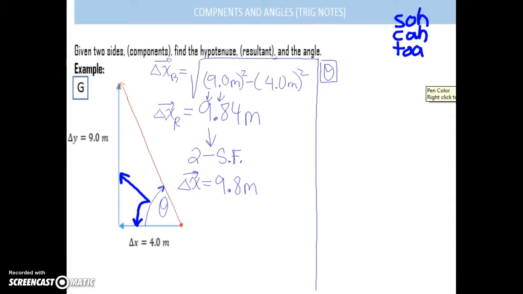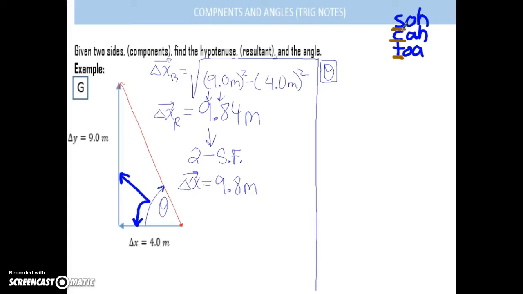We're looking for our angle, so we're looking for the tangent, the cosine, or the sine of that angle. That'll be part of our equation, and the theta will be the unknown. We're looking for theta.